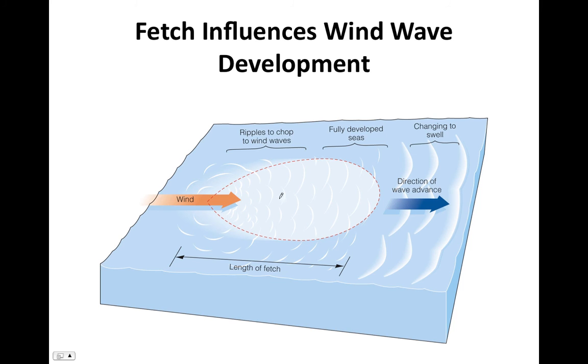So the longer this fetch is, the longer the distance over which the wind is blowing over the water, the larger the resulting waves will be. The faster the wind is blowing, the larger the waves will be, and the longer the wind blows, the larger the waves will be. So if you ever notice, if you go to the beach or if you're near the water on a stormy day, the water looks all choppy, and that's because waves are actively being formed on the water because the wind is blowing over the water.